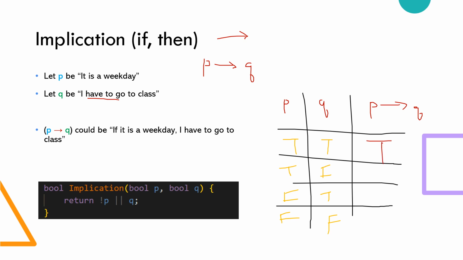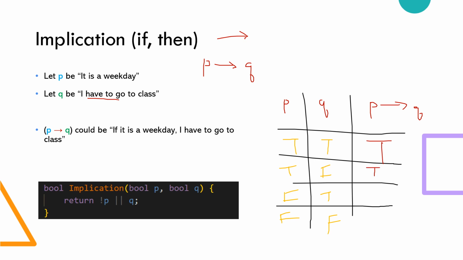It is a weekday, so I don't have to go to class. Well, that could be true. There are holidays on weekdays like Thanksgiving and Good Friday, so in those scenarios we don't have to go to class just because it's a weekday. So that is also true.